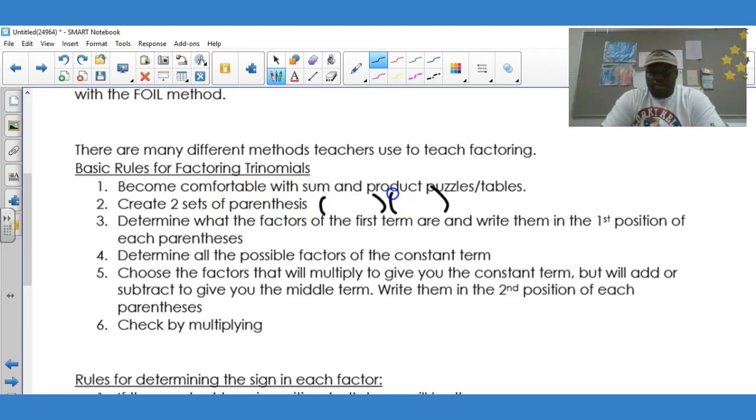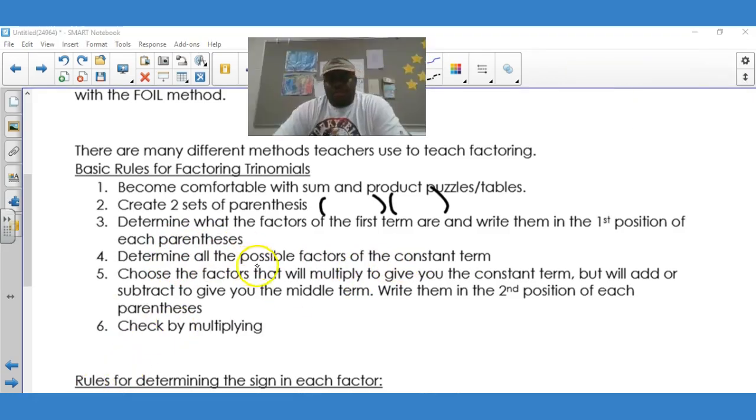Determine what the factors of the first term are and write them in the first position of each parenthesis. Determine all the possible factors of the constant term. Choose the factors that will multiply to give you the constant term, but will add or subtract to give you the middle term. Write them in the second position of each parenthesis. Check by multiplying.